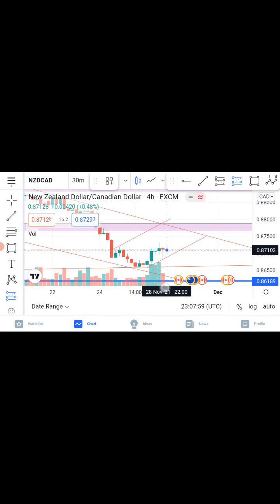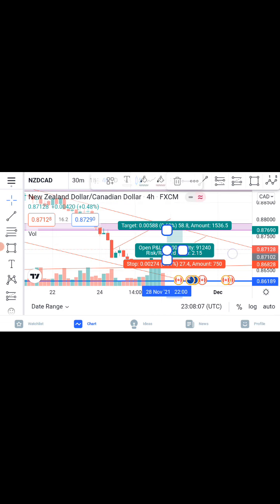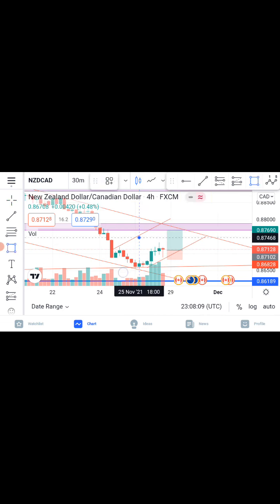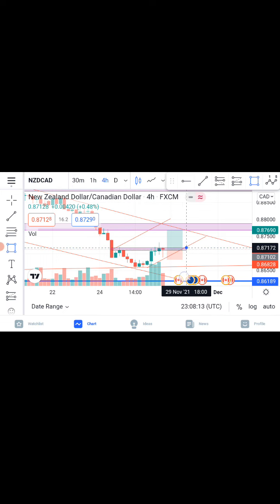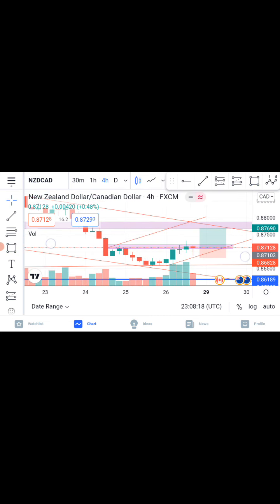If I enter here, if I see a breakthrough, then this type of trade will be just a scalp trade over here. You can see, then I can identify this market structure level in order for me to have a safe trade, you see.